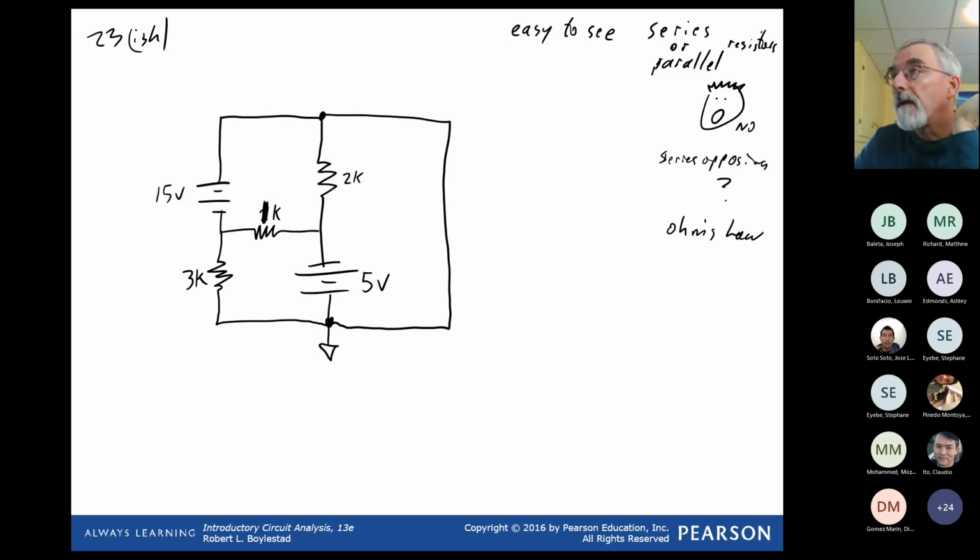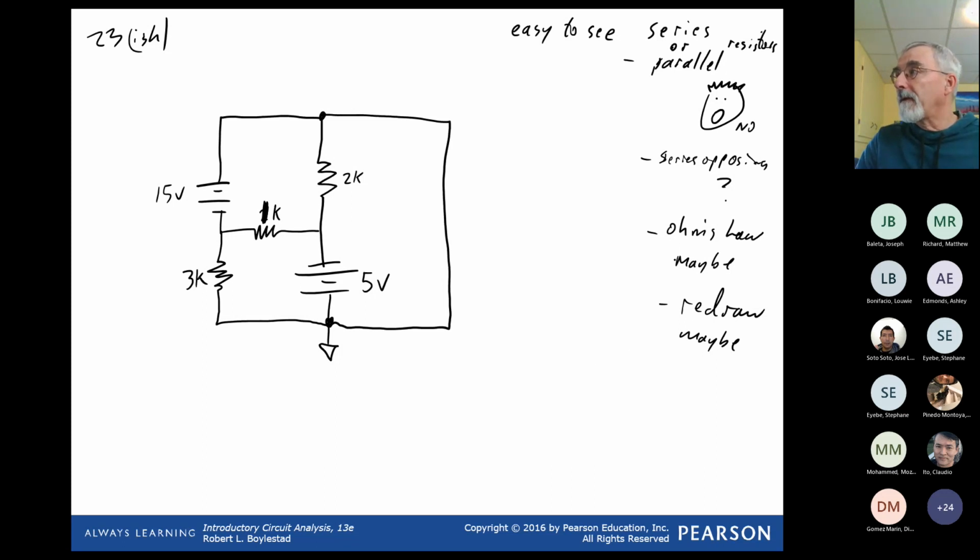Is there a resistor across which I know the voltage? Maybe. Do I want to redraw this circuit to make it look easier? Maybe, but boy, this looks like a tough one to redraw right now.